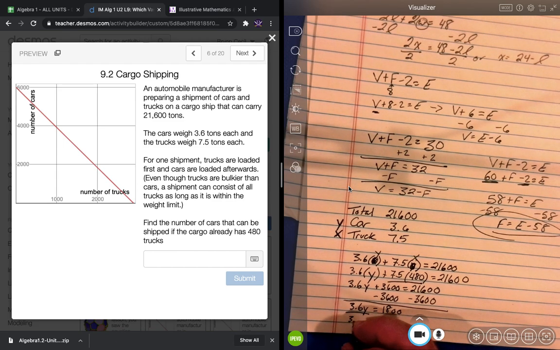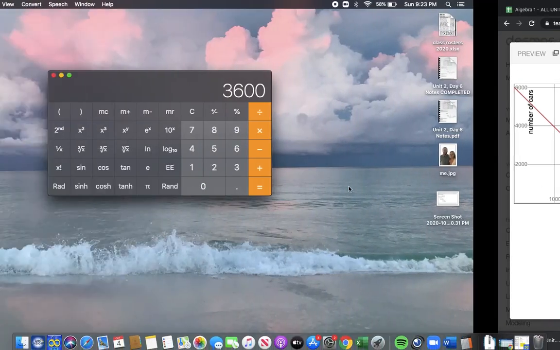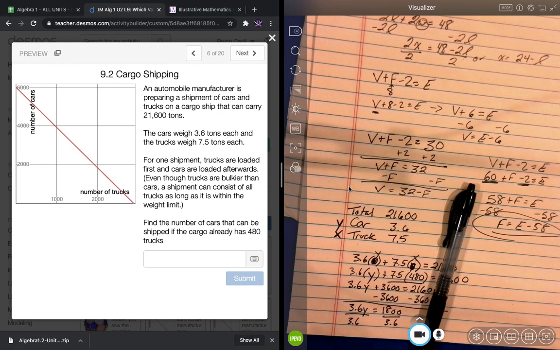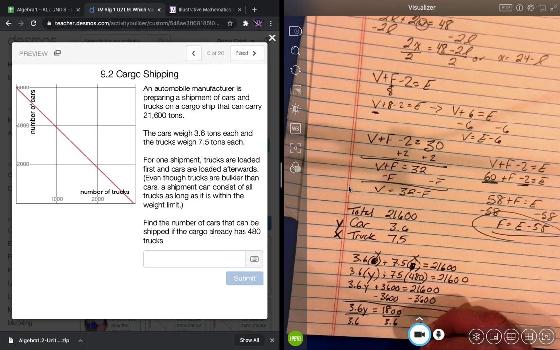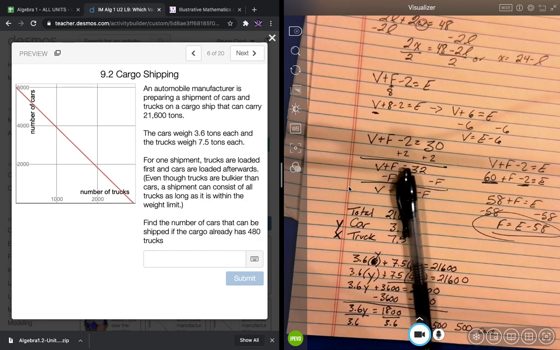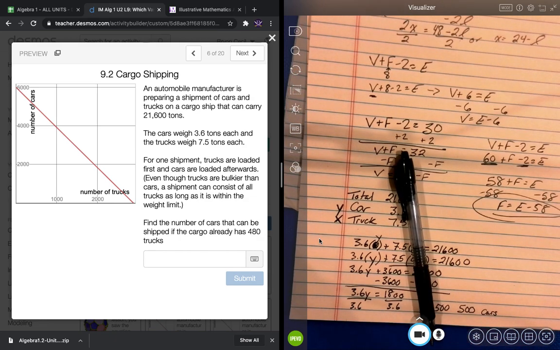Now we're going to divide to isolate the variable using the inverse operation. And I'm going to have 1,800 divided by 3.6, and it's 500. So then that means that y equals 500, so it is 500 cars. Okay? There we go.